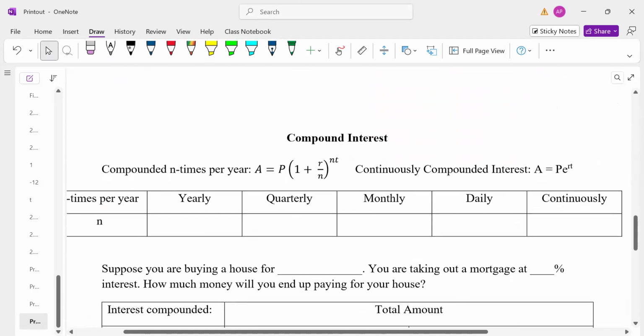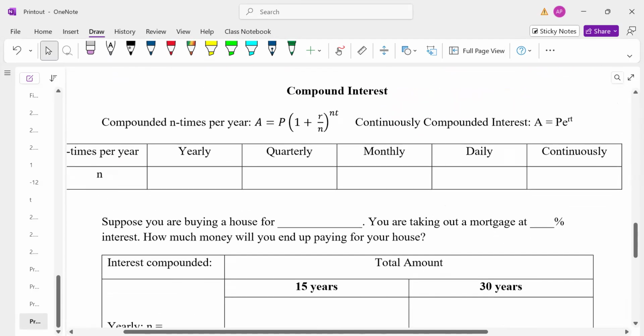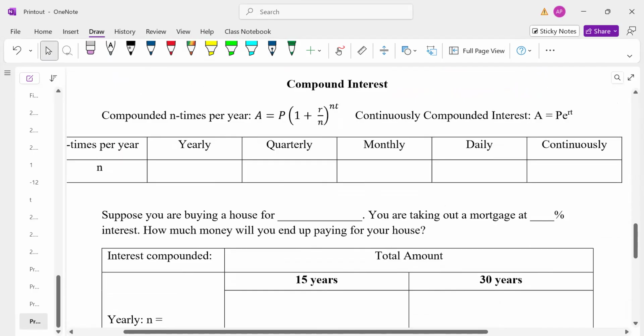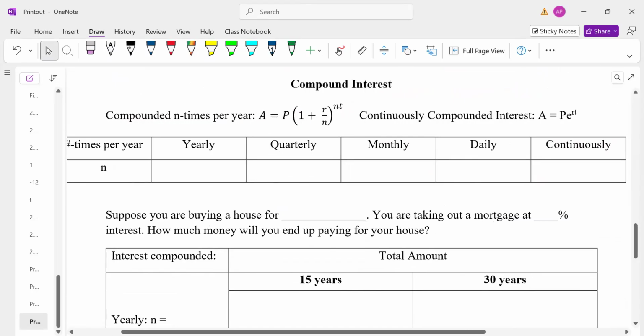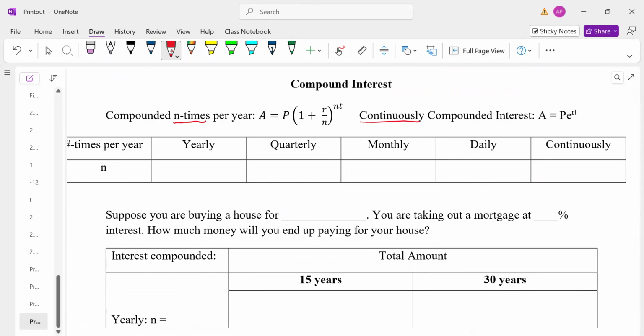Okay, now exponential functions have a lot of applications, and one of the most commonly known applications is compound interest. We have two types of compound interest. We have compound interest that's compounded n times a year, and then we have continuously compounded interest. So compound interest compounded n times a year means that, let's say, you have yearly compound interest.